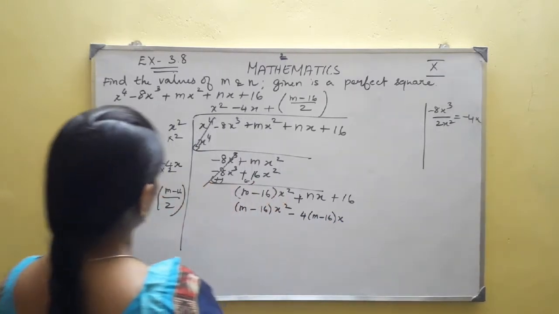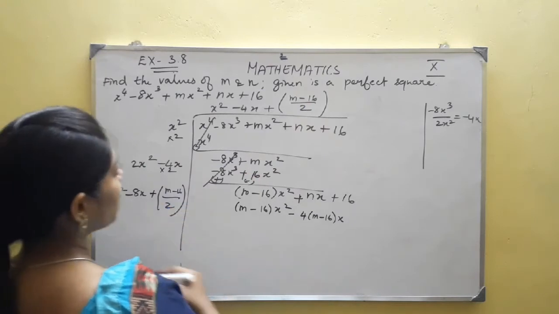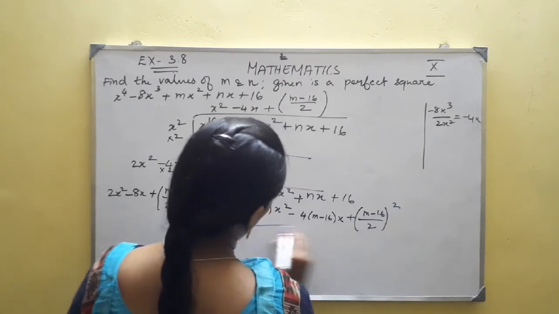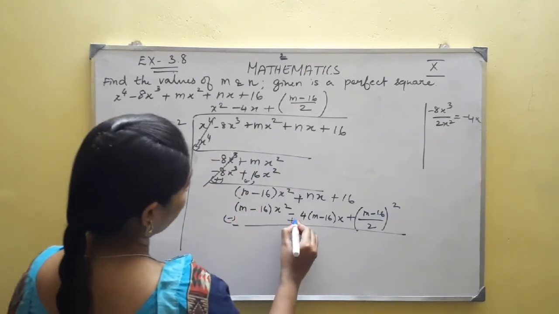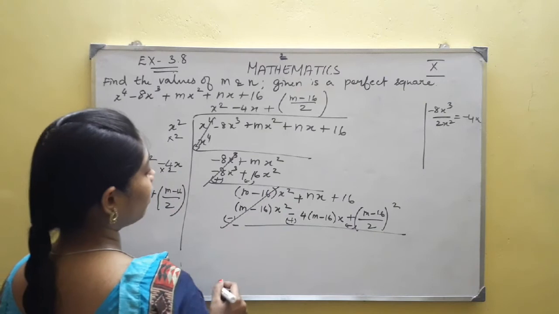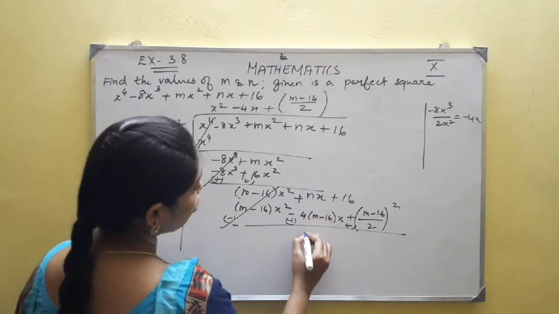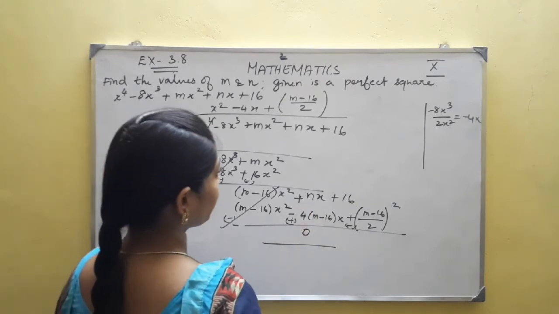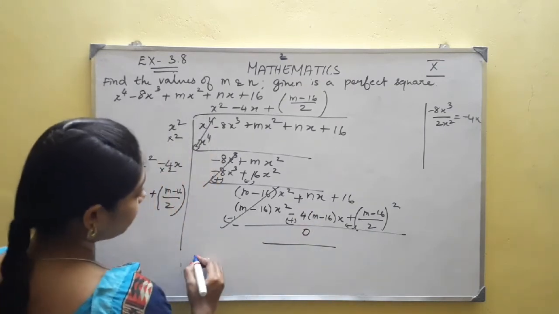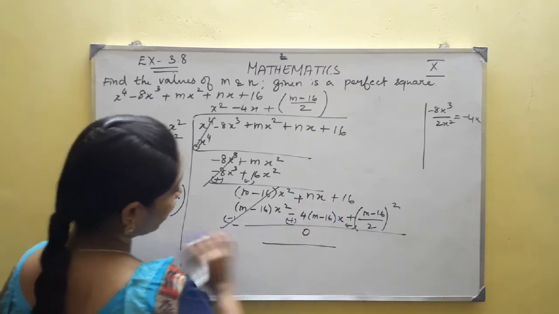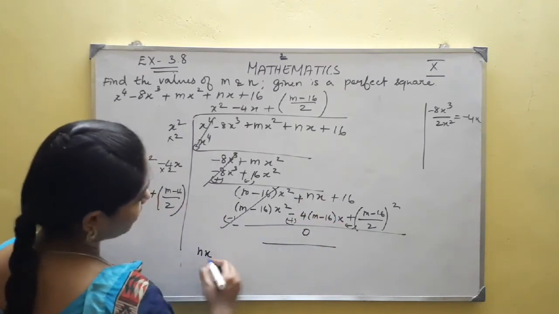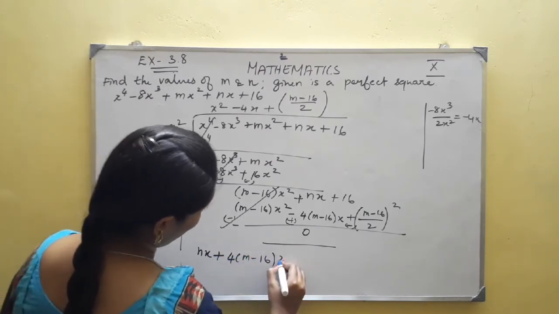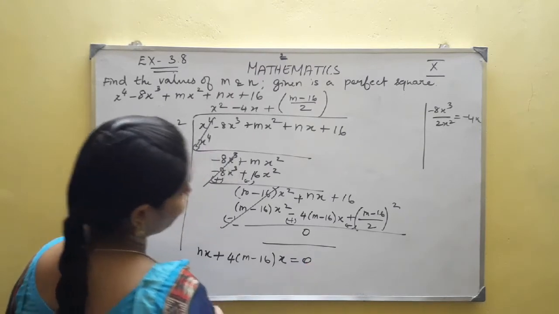So what happened? This 2 gets multiplied, which means plus m minus 16 by 2 the whole square. Now again change the sign, it gets cancelled. You know it is a perfect square, so the remainder gives you 0. I want to find the value of n and m. So after this step, be careful, write n plus 4 into m minus 16 into x equal to 0.